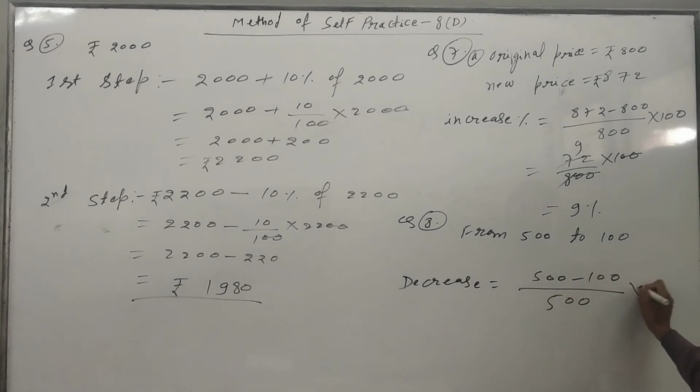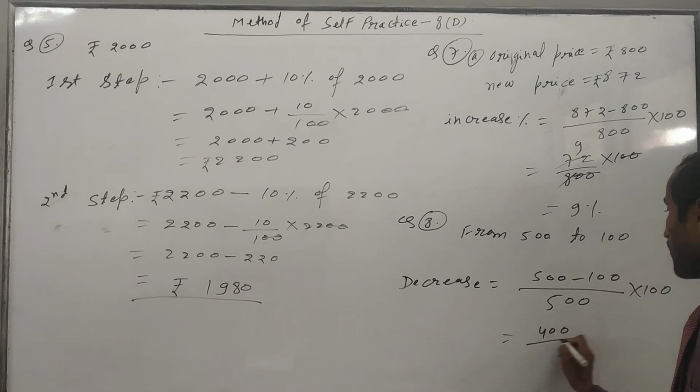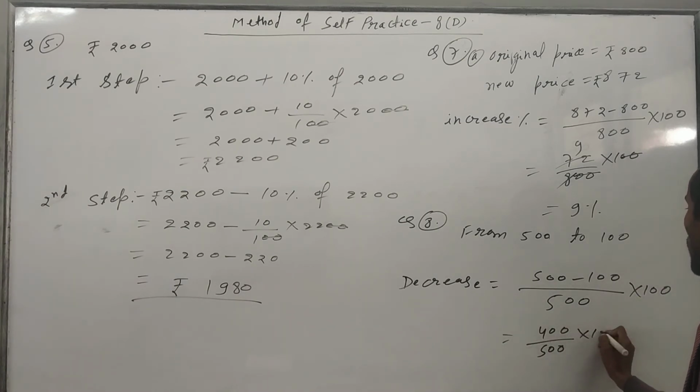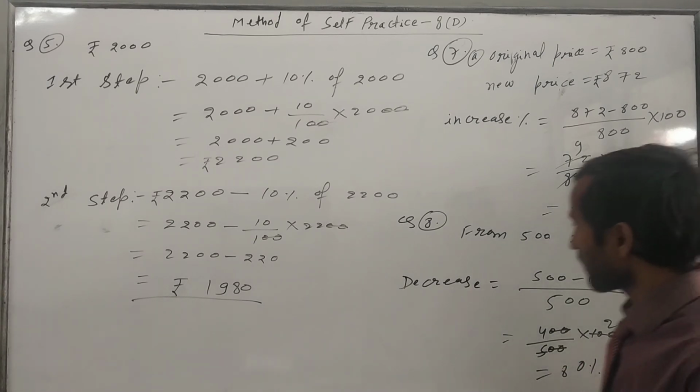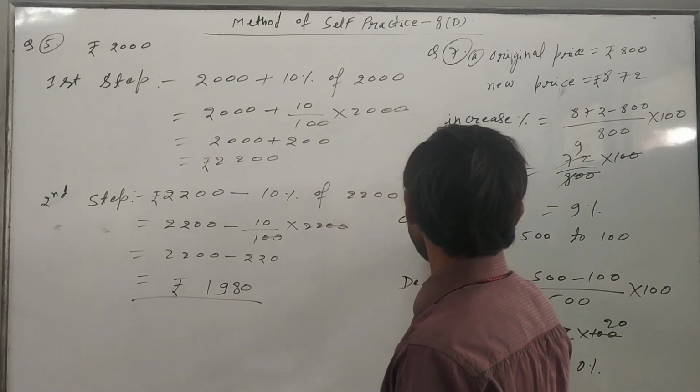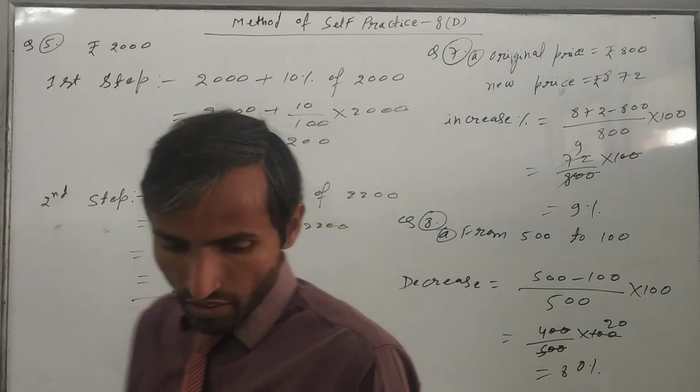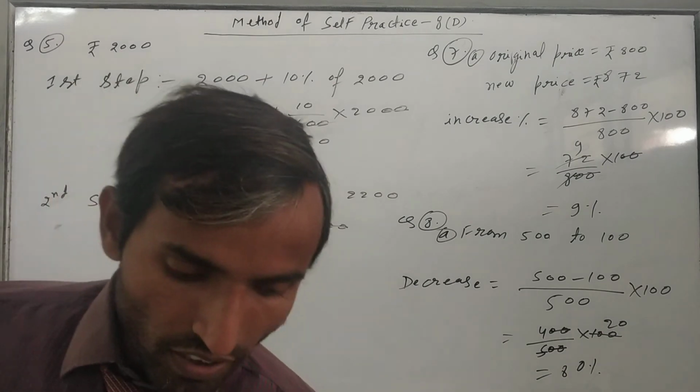We have to find the percentage, so into 100. So it will come 400 upon 500 into 100. Then we can cancel out the 0s, 20 into 4. It will come 80%. So it decreased 80%. Okay, so in question number 8, A part, it decreased 80%. Now B part, just try yourself.